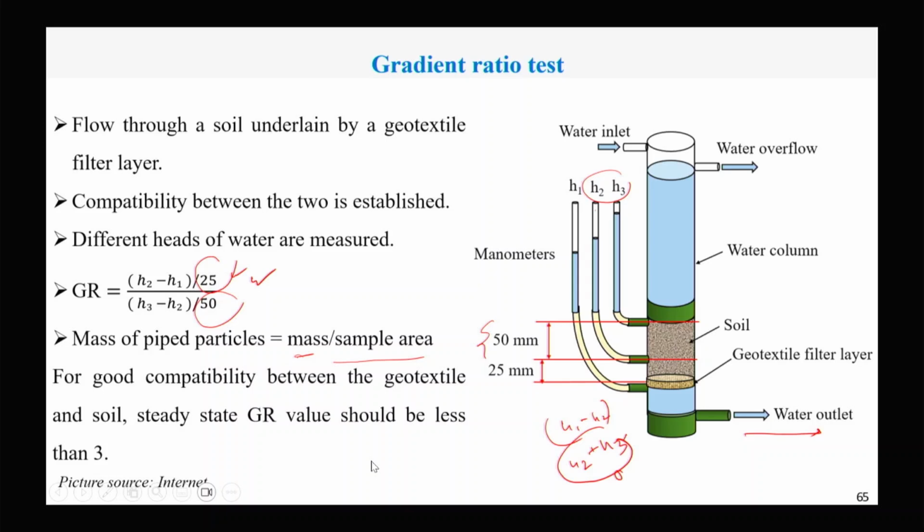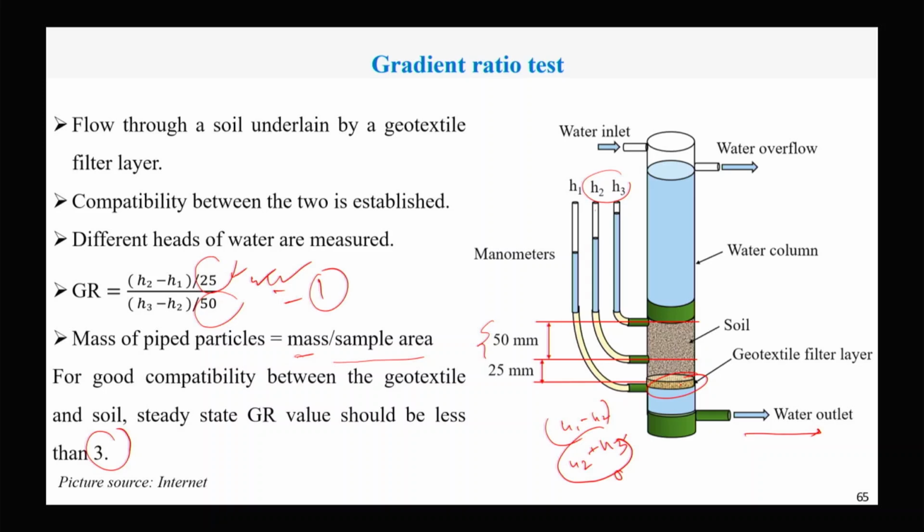For good compatibility between the geotextile and soil under steady state condition, gradient ratio should be less than 3. That means if we remove the geotextile, ideally this gradient ratio is 1, because it is only soil.